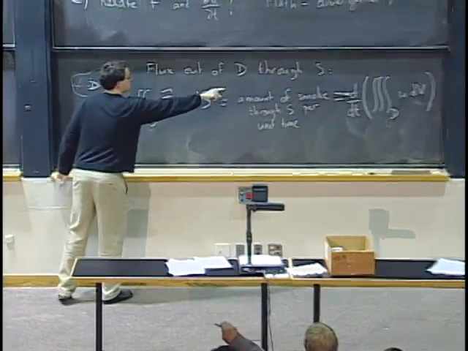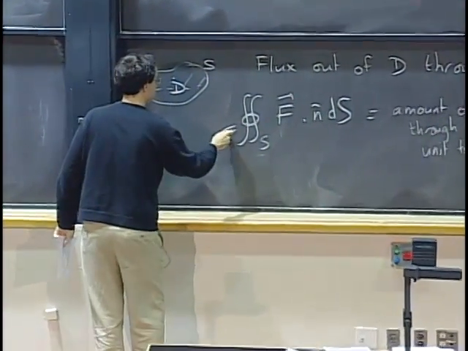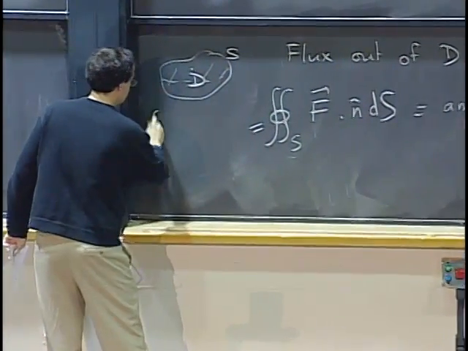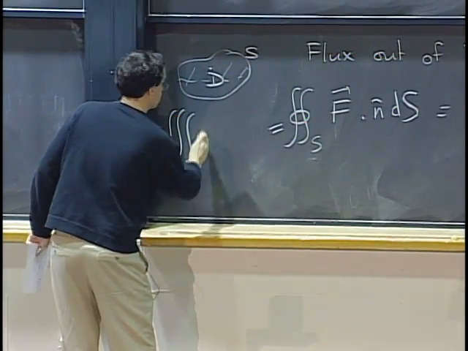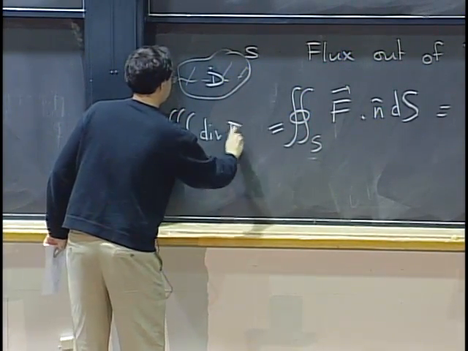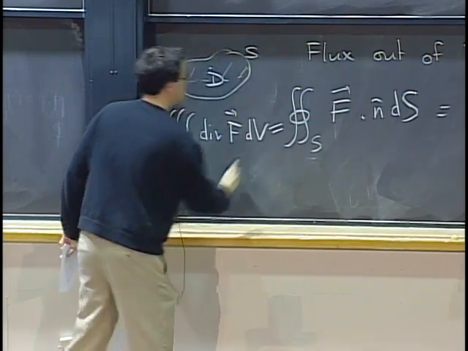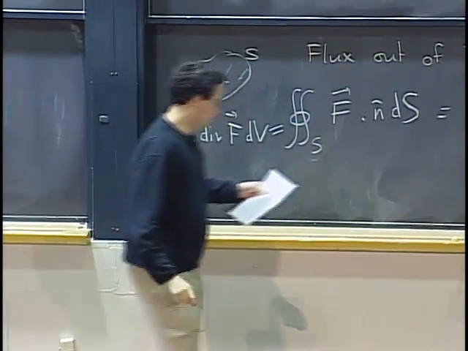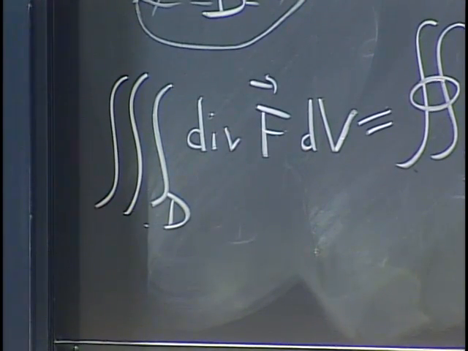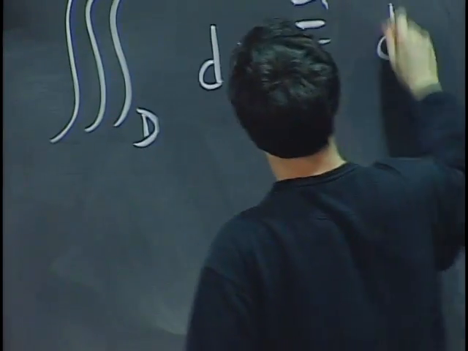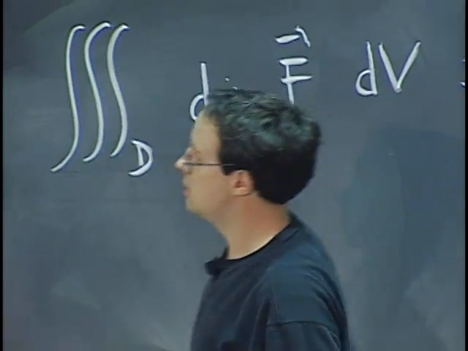So this part here is just like common sense and thinking about what it means. The divergence theorem tells me this is also equal to the triple integral in D of div f dV. So what I got is that the triple integral over D of div f dV equals this derivative.